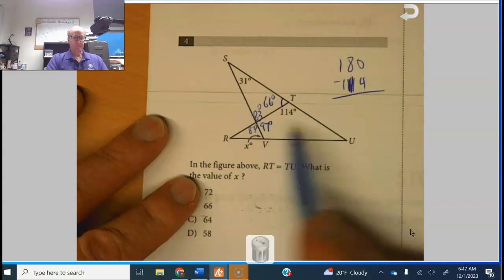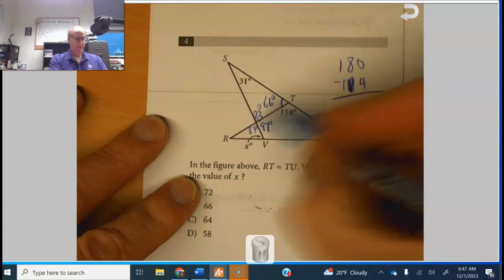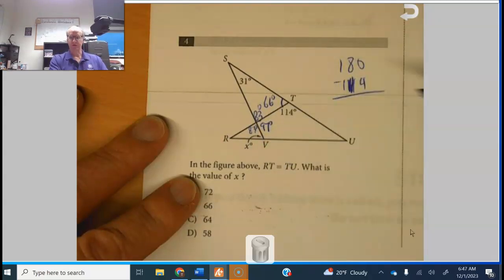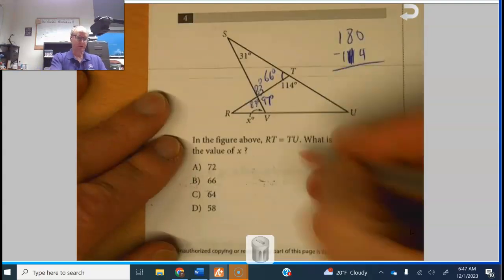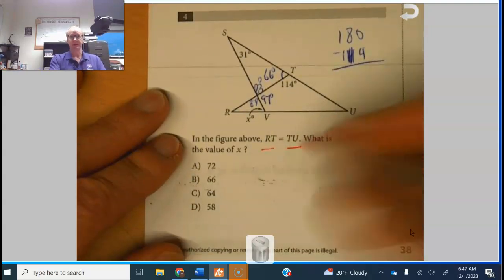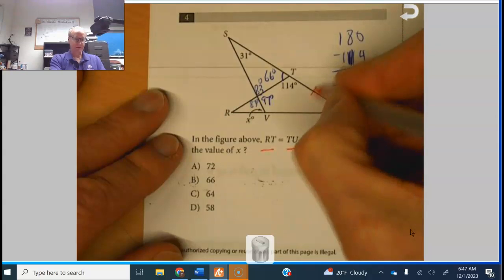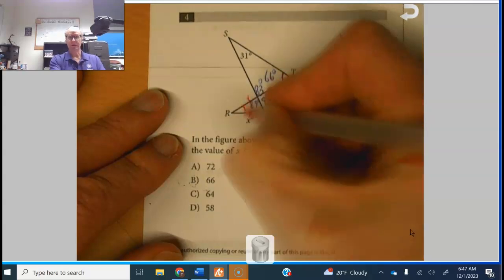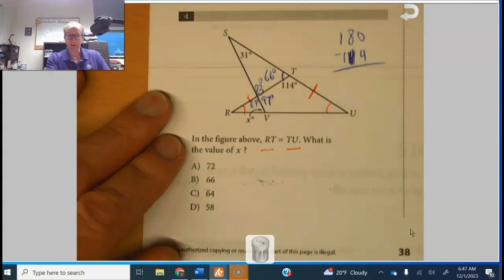A lot of information. The problem is that they want us to find this angle down here. And the trick for this one is that they told us that RT is equal to TU, which means that this side is equal to this side, and this is an isosceles triangle with base angles equal.